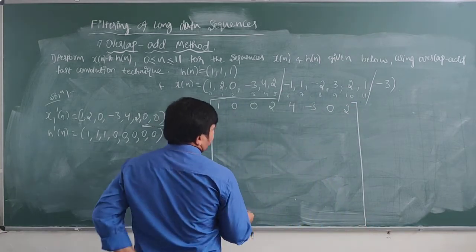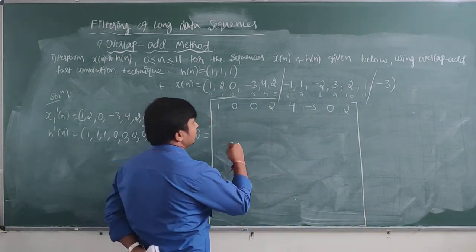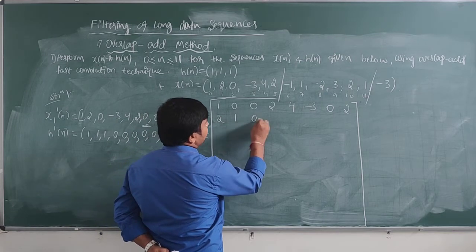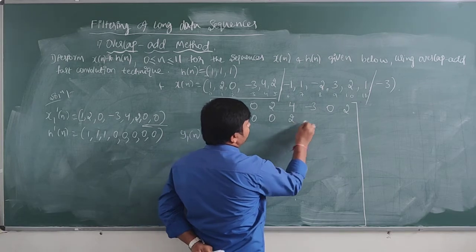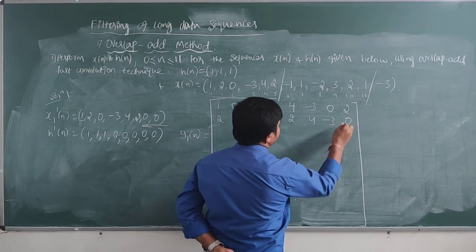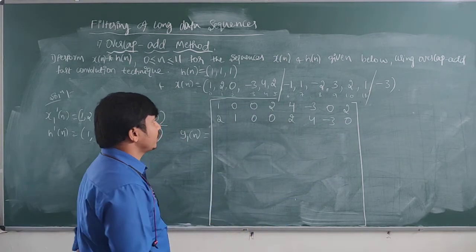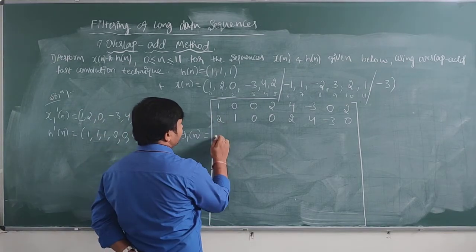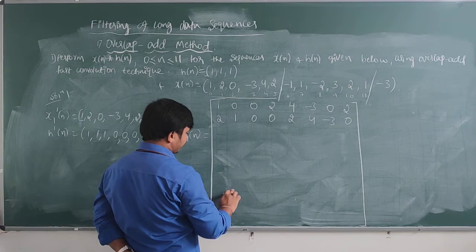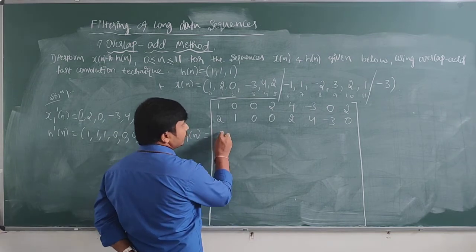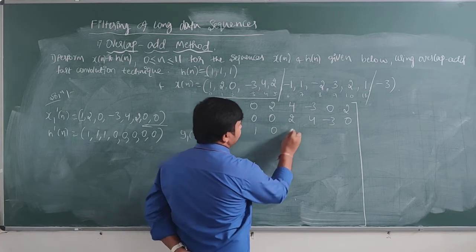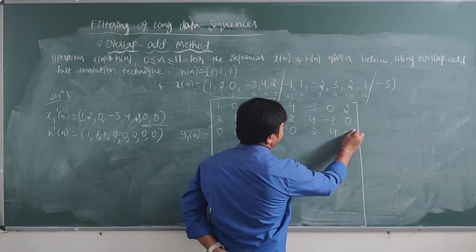Now shift circularly. So 2, 1, 0, 0, 2, 4, minus 3, 0. How many rows? The length is 8, therefore 8 rows: 1, 2, 3, 4, 5, 6, 7, 8. Next 0, 2, 1, 0, 0, 2, 4, minus 3.